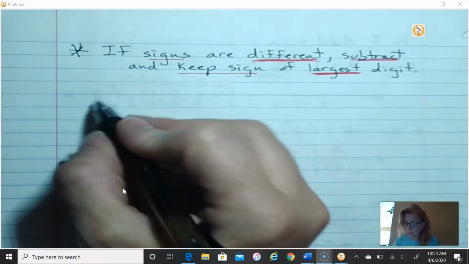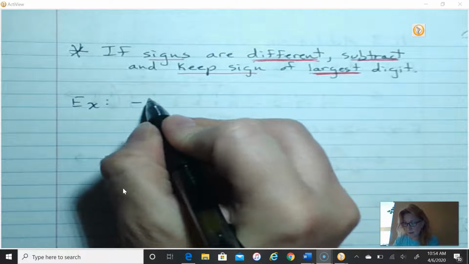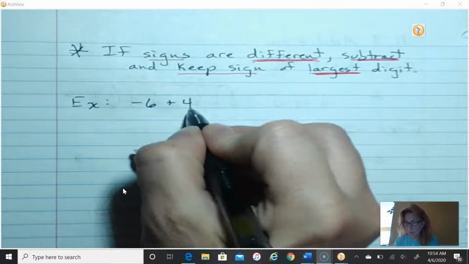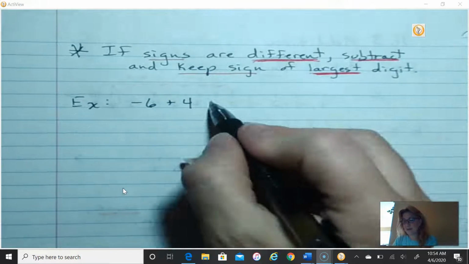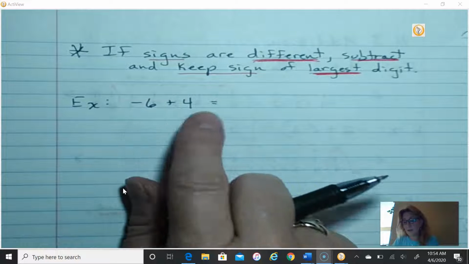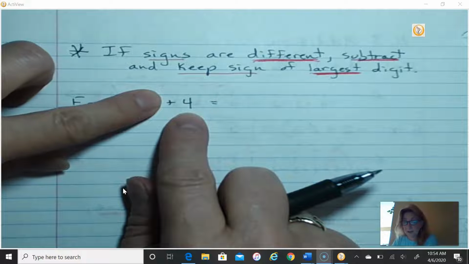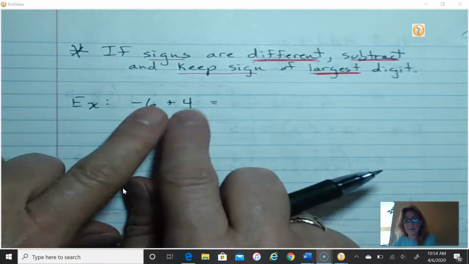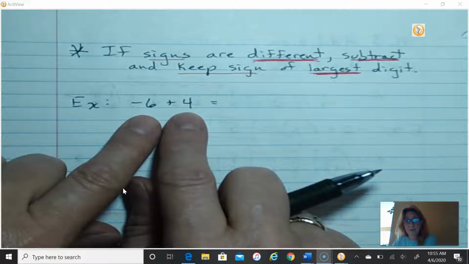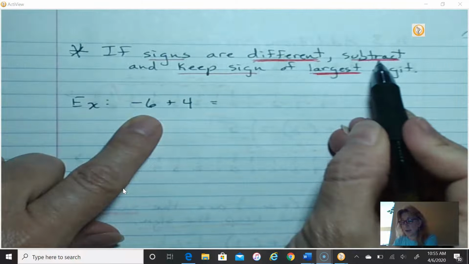Let's do some examples. -6 plus 4. Okay, that is a negative. That is a positive. The signs are not the same. That's a negative and that's a positive. Okay? So then if they're different, you subtract.